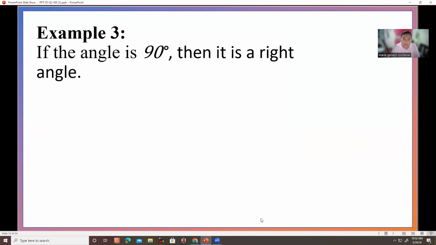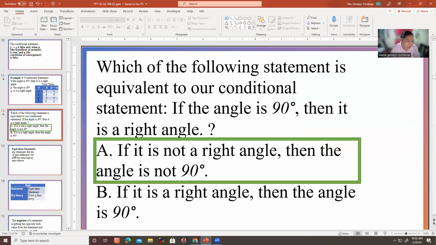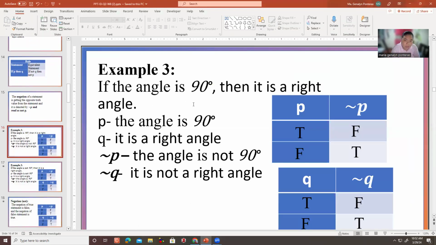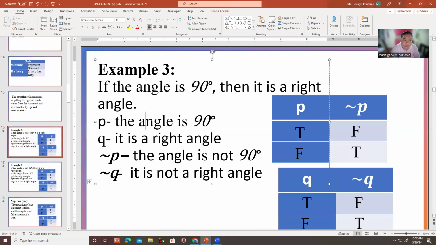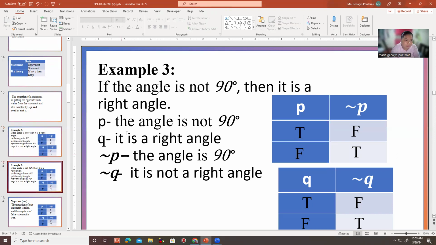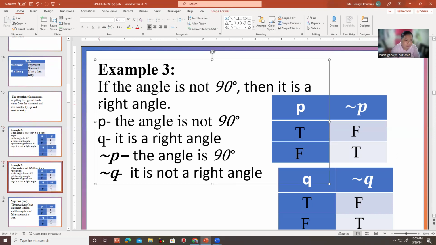So let me arrange the statement. This is the angle. Then it is not a right angle.